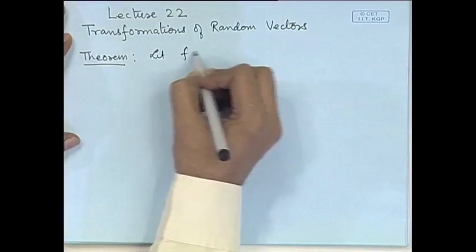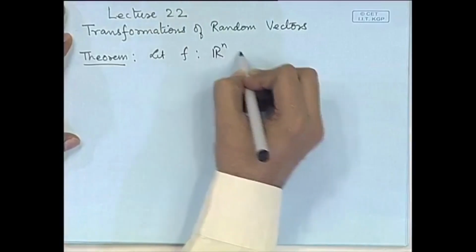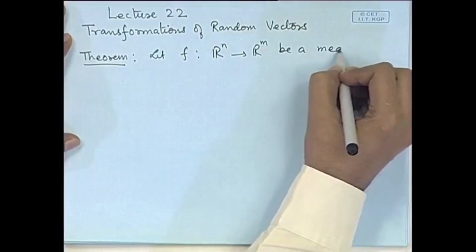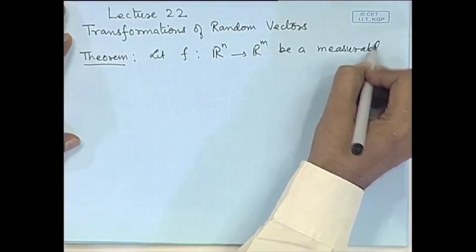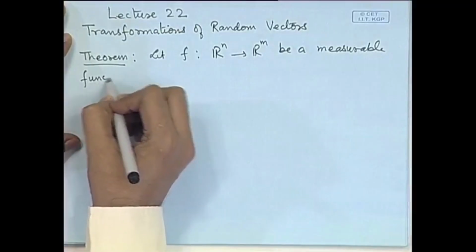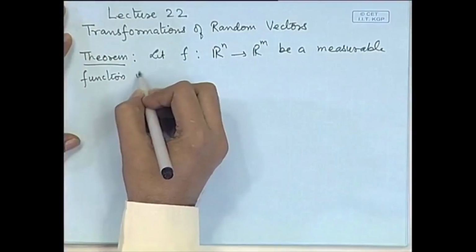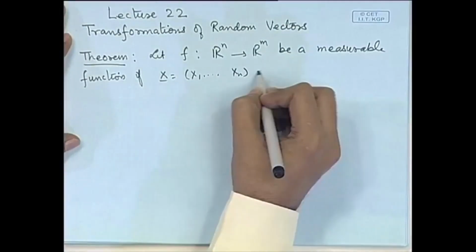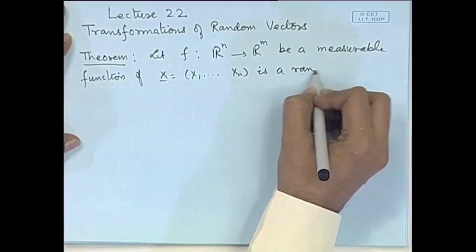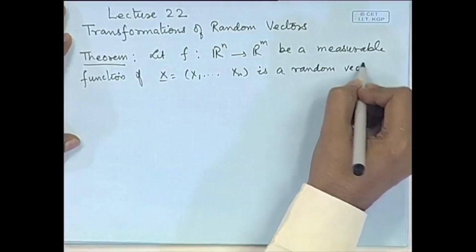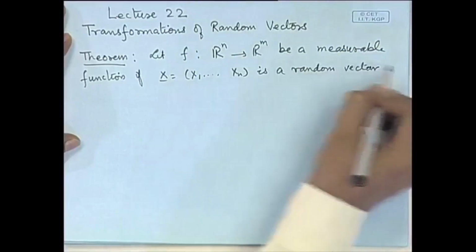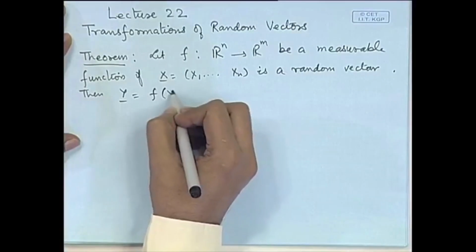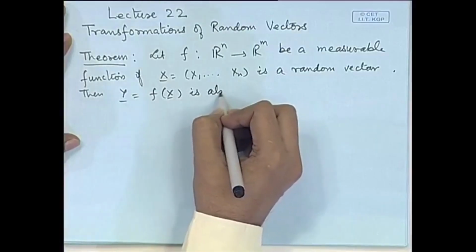Let f from R^n to R^m be a measurable function. So, if X equal to X1, X2, ..., Xn is a random vector, then let us call Y equal to f(X), which is also a random vector.